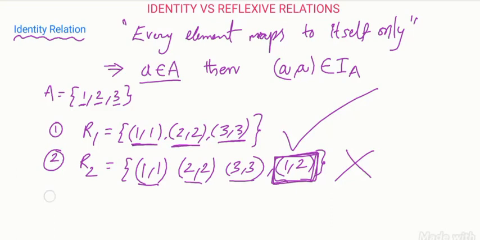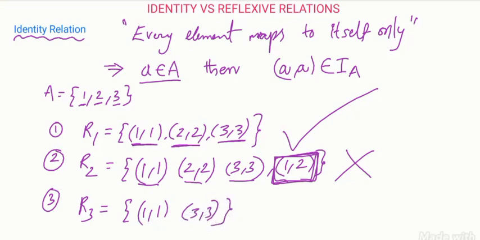One more, you can take the R3 relation {(1,1), (3,3)}. Is it an identity relation? No. Why? Because here I don't have (2,2). 1, 2, 3 are in A, so it must and should contain (1,1), (2,2), (3,3). Then only we can say it is an identity relation.